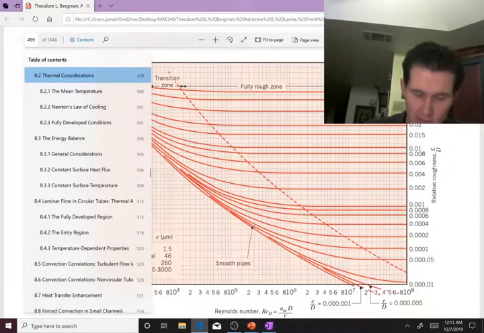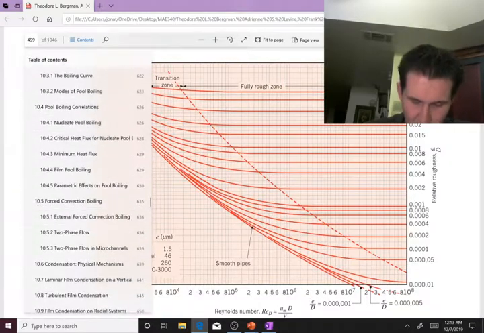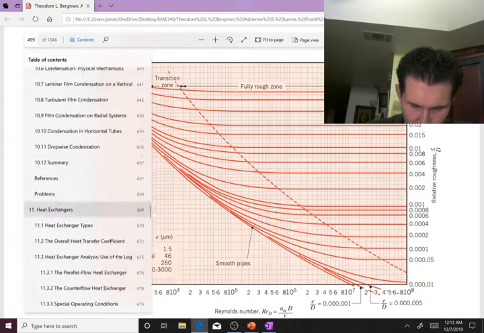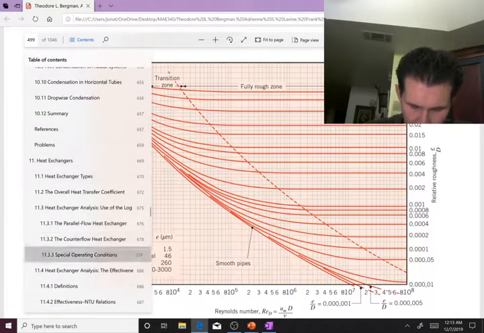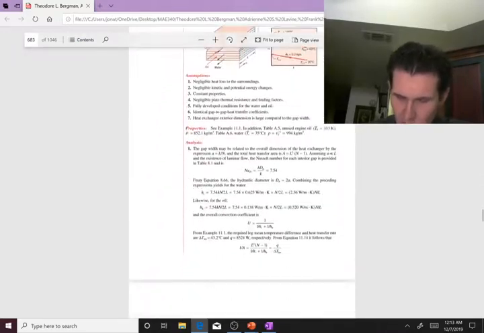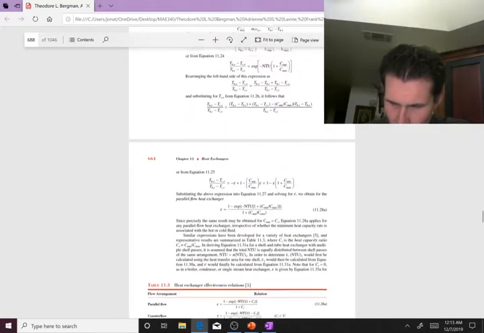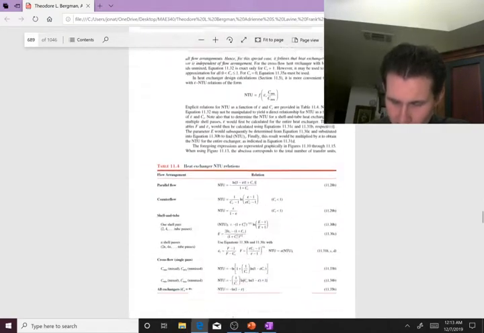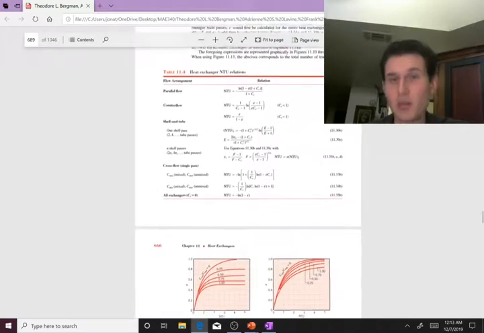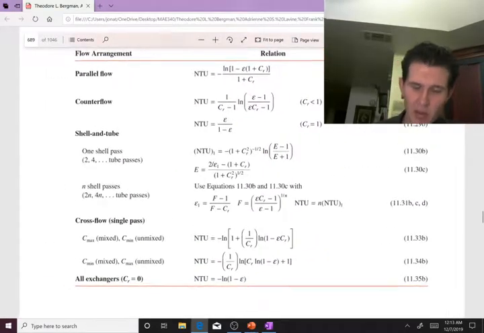We know that's chapter 11. And we work our way on down. We work our way into table 11.4. Now let's take a look at 11.4.